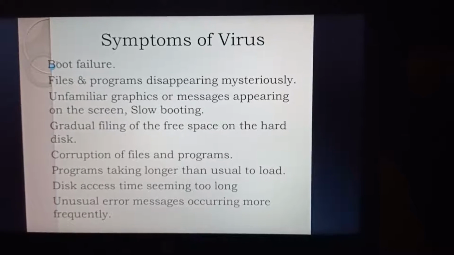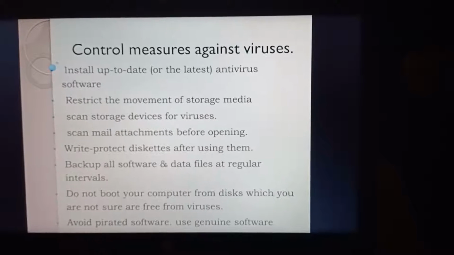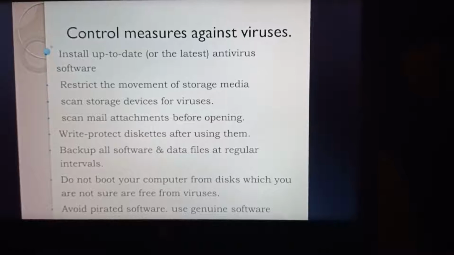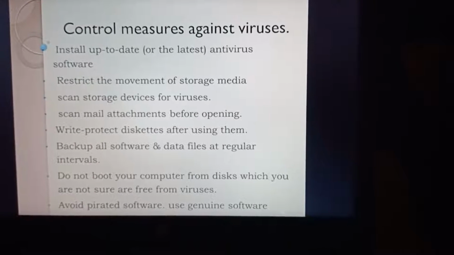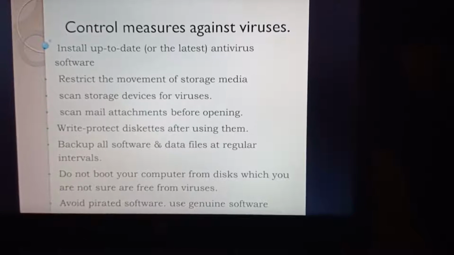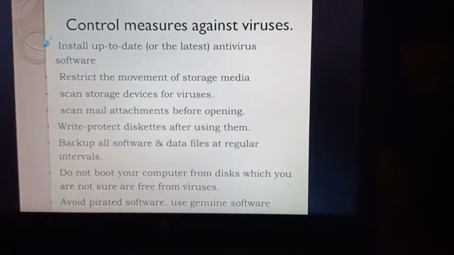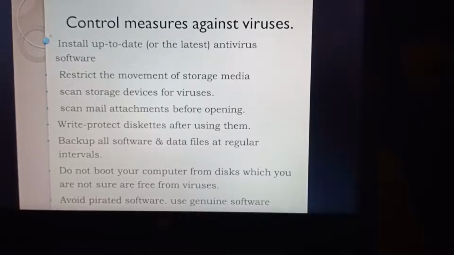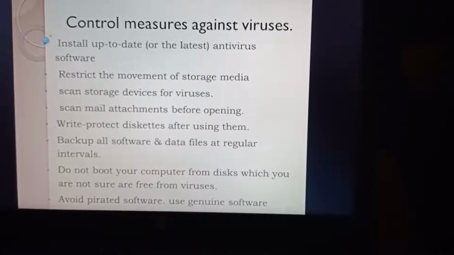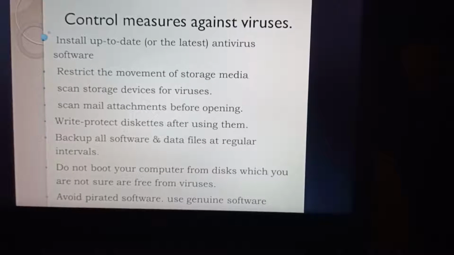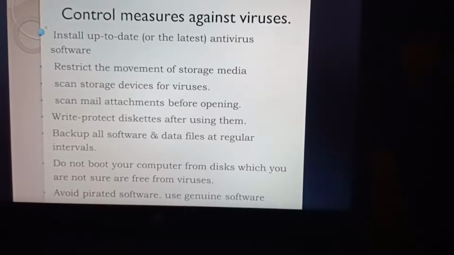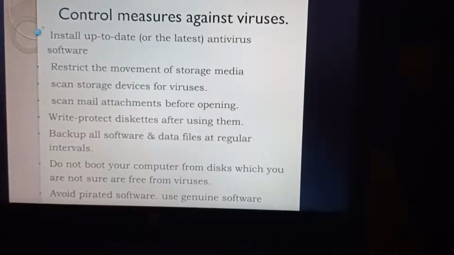So those are some of the symptoms that we may experience because of viruses. So how do we control virus? You are supposed to, one, install updated antivirus software. Then restrict the movement of storage media. You should not share the storage media like flash disks and diskettes. Scan all the mailed attachments before opening. Scan all the storage devices before using.